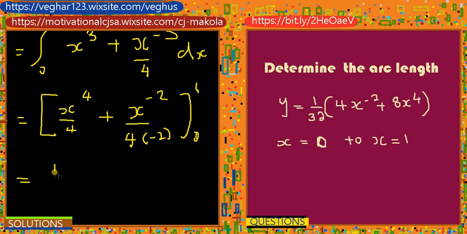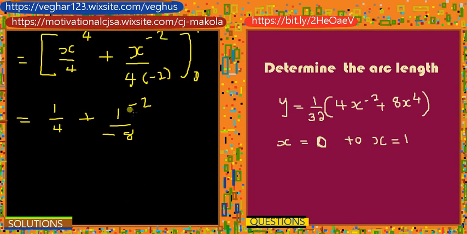Substituting 1 here, we'll have 1 over 4, and then here, 4 times negative 2 gives negative 8, so this one is the same as 1. We can just leave it like that: 1 over 4 minus 1 over 8.